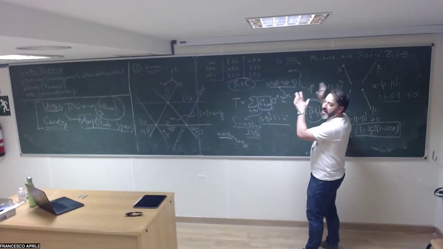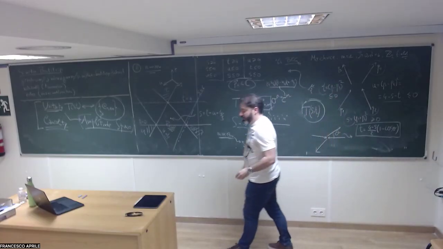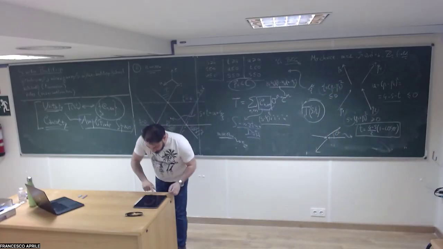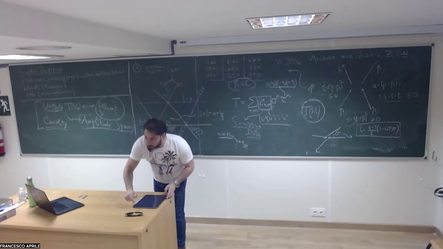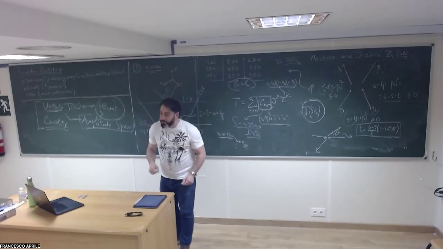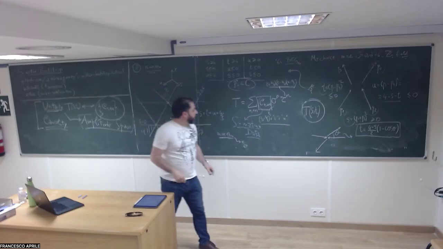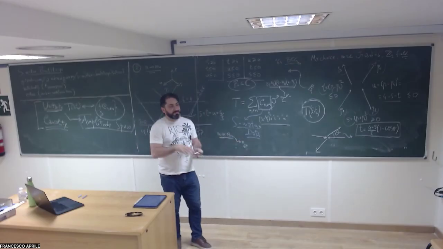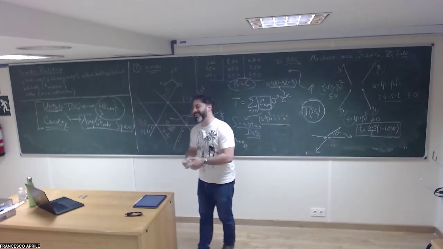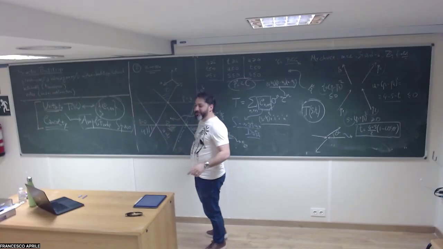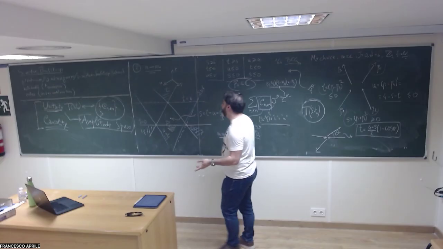So you can make it as formal as you want. In principle, you could have used also partial waves, I guess, but that's less efficient numerically. I will go to partial waves soon because we want to talk about unitarity.